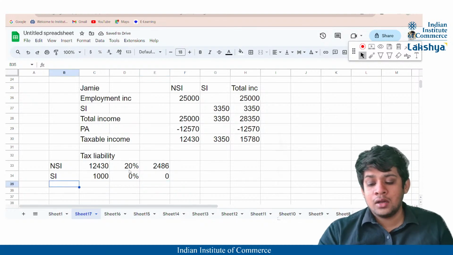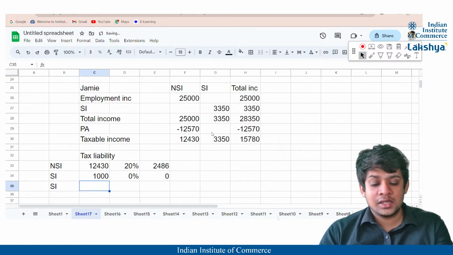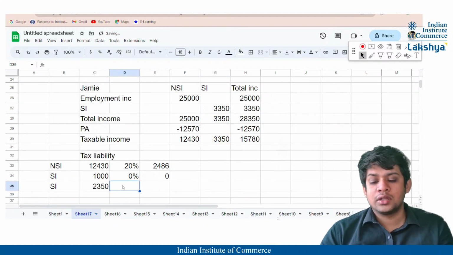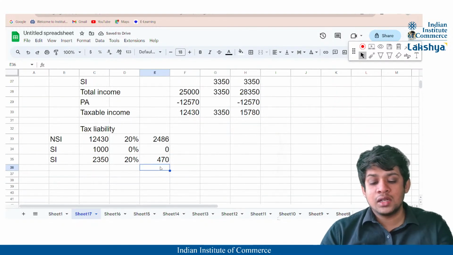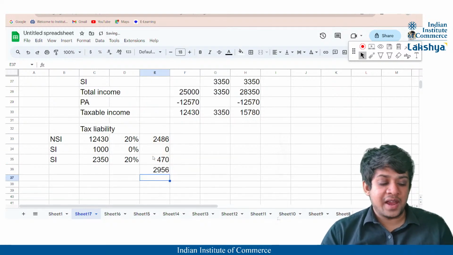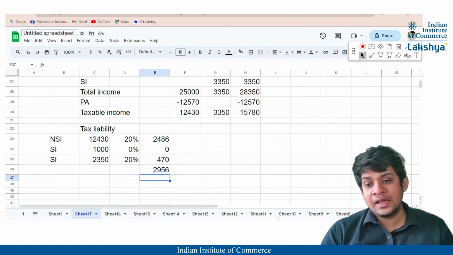And for the other savings income, that is 3350 minus 1,000, on that obviously 20% tax charge will be there, which will give me 2350 into 20%, that is 470. And thus the total tax liability for me is simply going to be 2956. The total tax liability is going to be 2956.